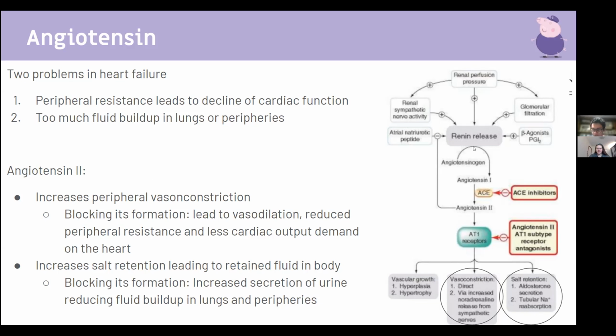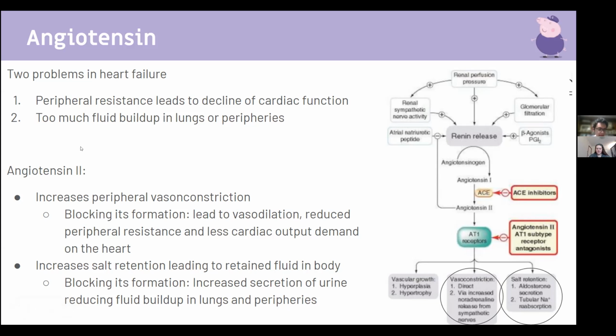This is a diagram. I really don't think you need to know how it works, but maybe just know ACE converts angiotensin 1 to angiotensin 2, and angiotensin 2 acts on AT1 receptors. The drugs we're going to talk about today block ACE, so you don't get the angiotensin formation, and the other ones block the receptors themselves.